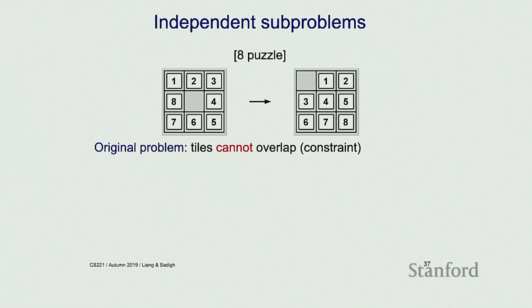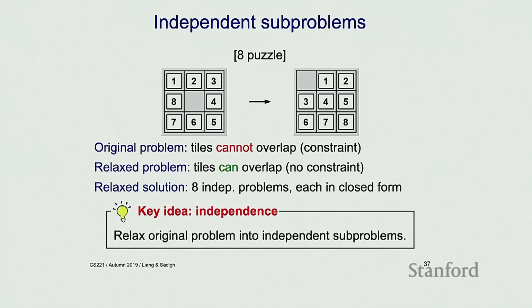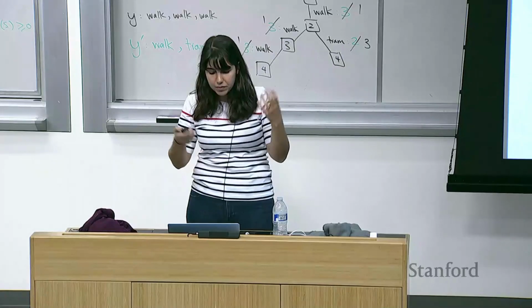I'm just going to relax it and say, well, you can go wherever, and you can overlap. Okay? So that is, again, much simpler. And now I have 8 independent problems for getting each one of these tiles from one location to another location. And I have a closed form solution for that, because that's, again, just Manhattan distance. So that gives me a heuristic. That's an estimate. That's not perfect. It's an estimate, and then I can use that estimate in my original search problem to solve it.